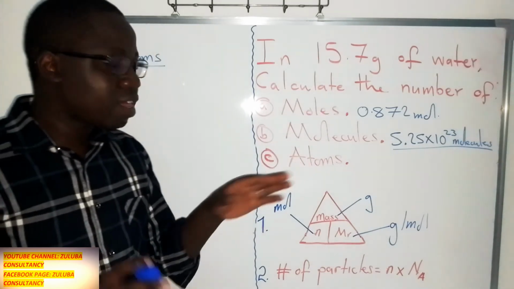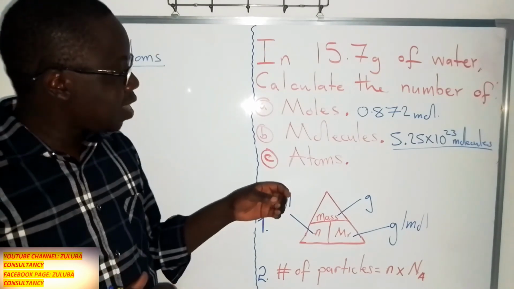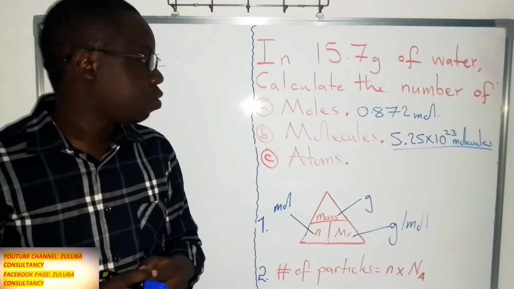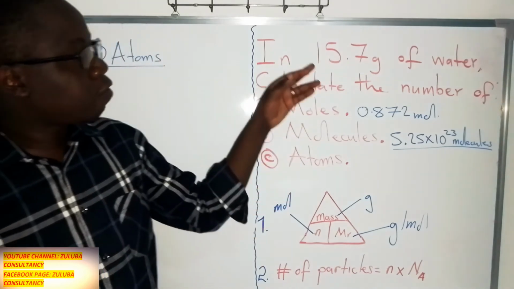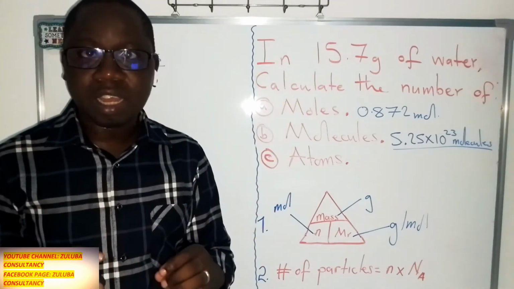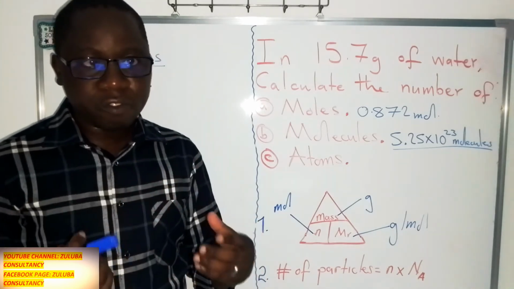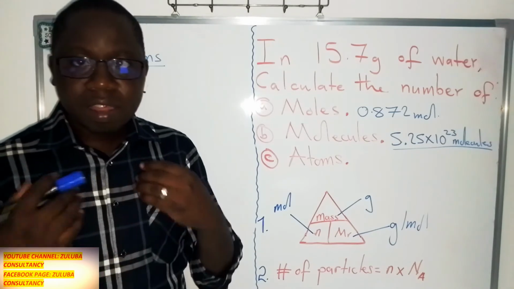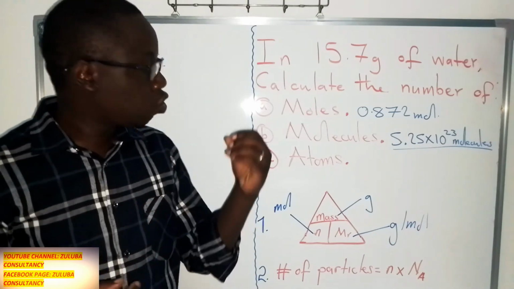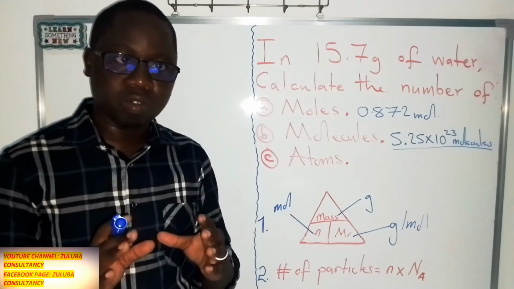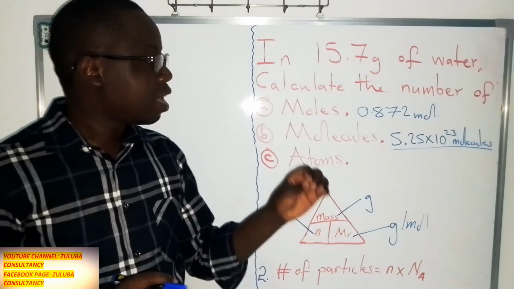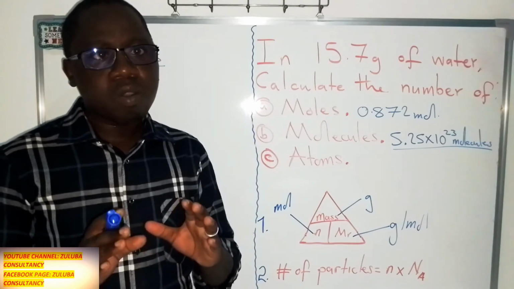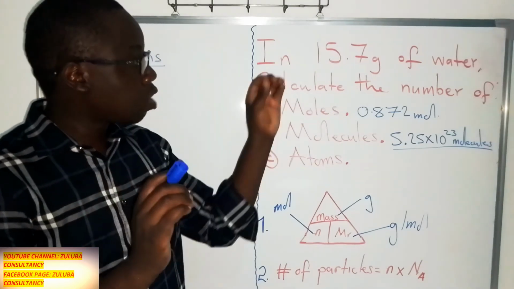Now, for us to get the number of atoms, we need to understand how we calculated the number of molecules. So the 15.7 grams of water, we converted first that amount to the number of moles. Then the number of moles helped us to get the number of molecules that are present in this mass of water.